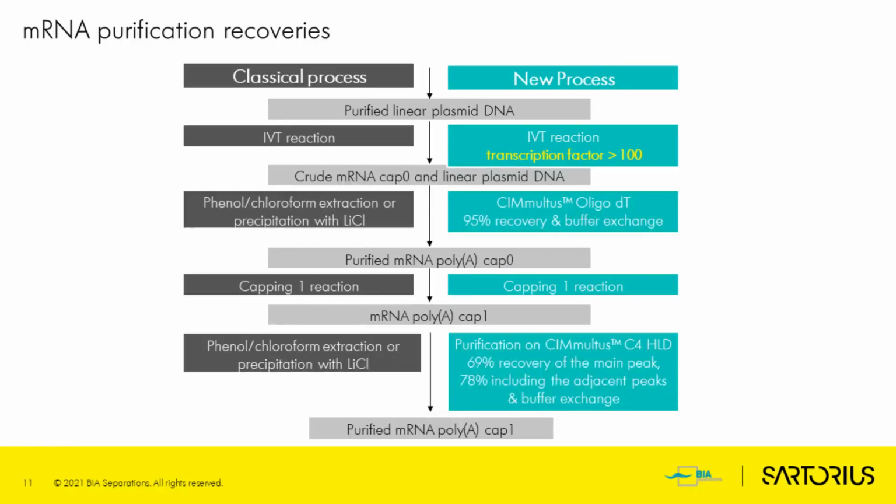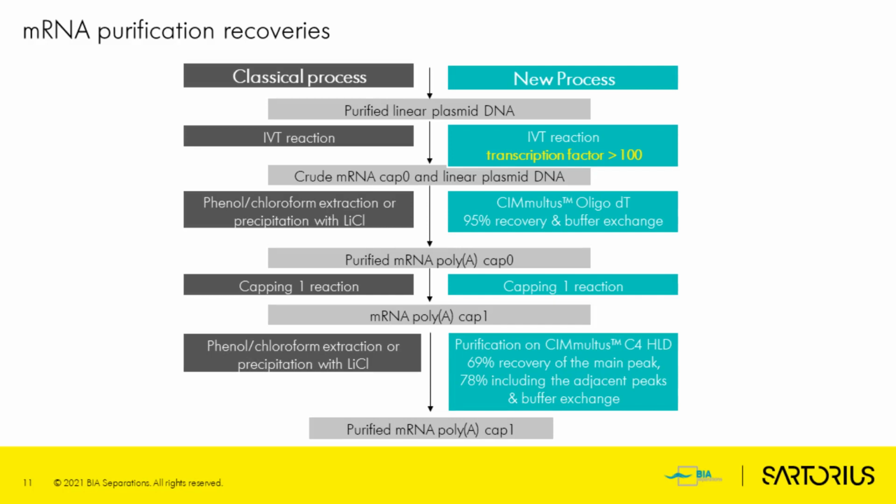And if you look now at the conditions or the yields, we first perform the IVT and then purification on oligo-dT. So the transcription factor should always be much over 100. We believe that with proper management of the IVT, we can also shoot for 200 and more.